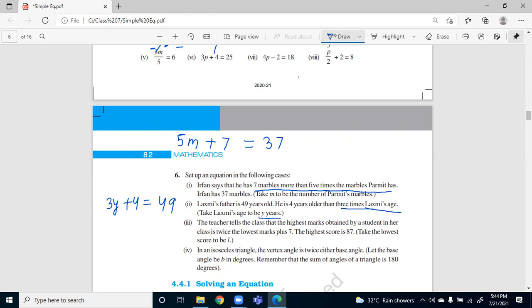So 3 times Lakshmi's age, that is 3y, and he is 4 years older, meaning I have to add 4. 3y plus 4 will make the age of Lakshmi's father, that is 49 years. So the equation is 3y plus 4 is equal to 49.